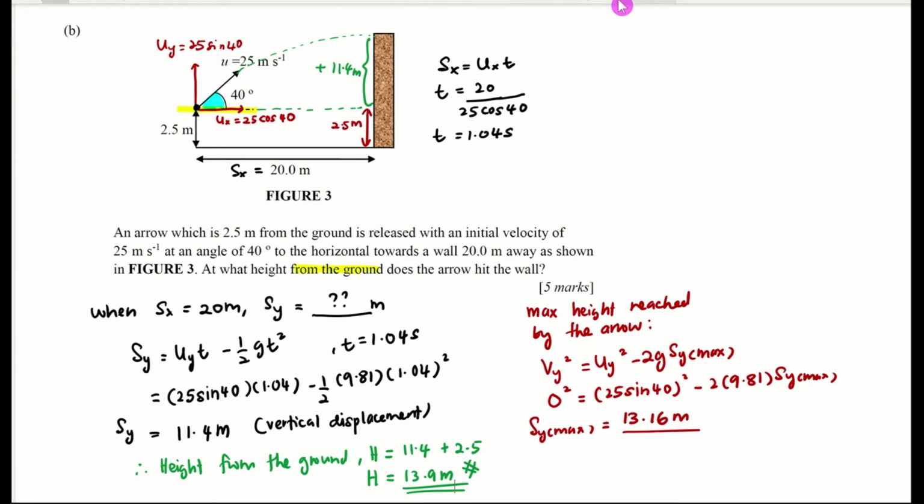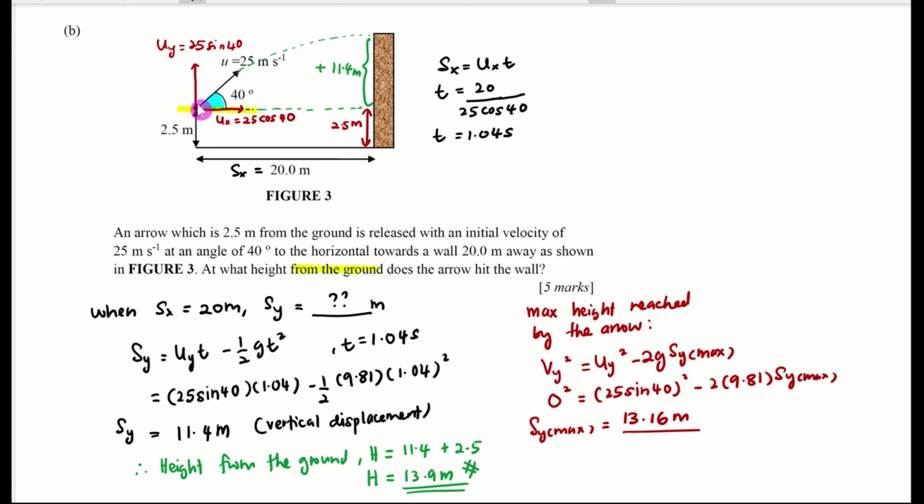Jadi saya kira maximum height dekat sini hanya untuk tunjuk dekat awak di mana arrow itu naik ke atas. Dia belum sampai lagi maximum height. So means that arrow itu belum sampai maximum height. Kalau dia dah sampai maximum height, maknanya perjalanan arrow tu sudah turun ke bawah. Okay. So jadi positive 11.4.